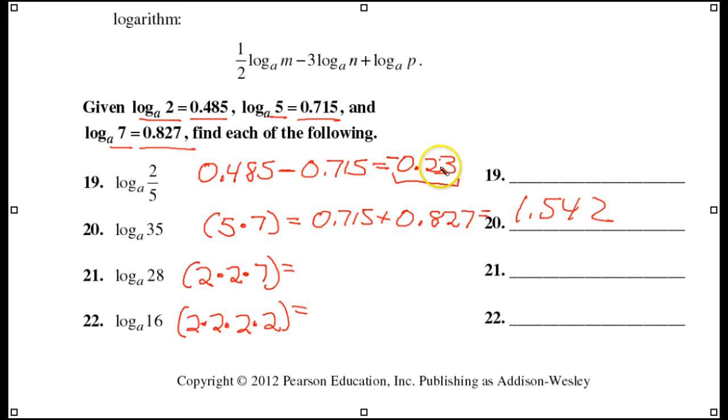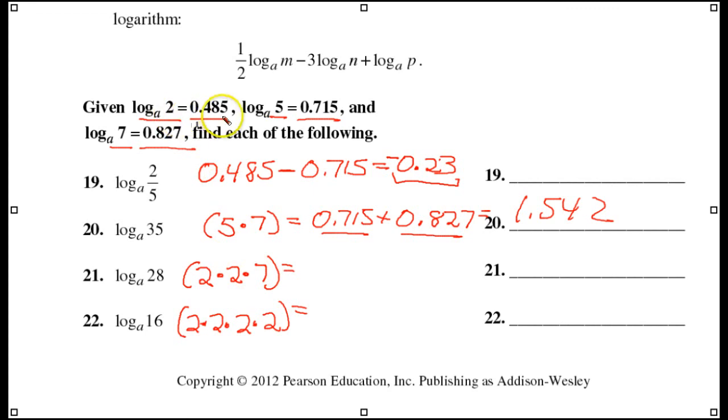That's the answer for 19. 20 was 35, but again 35 is 5 times 7, and when we write that, we're multiplying variables with exponents, we add them. So we're going to take the 5 and the 7, adding them up, and that gives us this. 28's a little tricky, but it's 2 times 2 times 7.